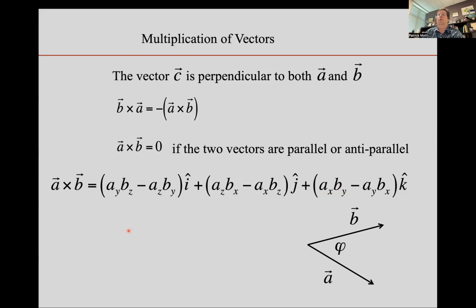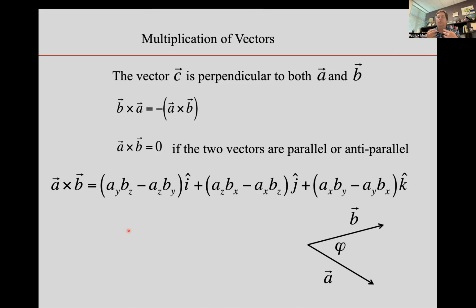All right, so multiplication of vectors: we can rescale a vector, which could make it longer or shorter or reverse its direction. We can do the scalar product, also known as the dot product, which is asking the question, how much of A points along B?